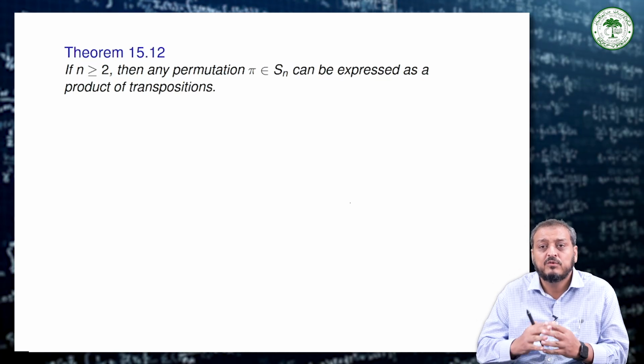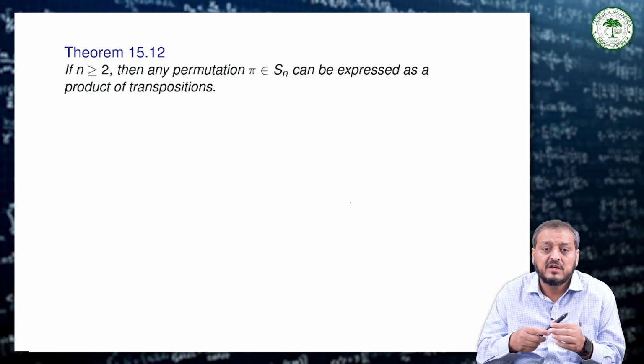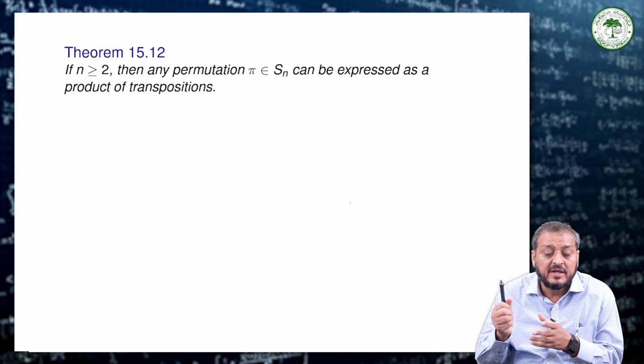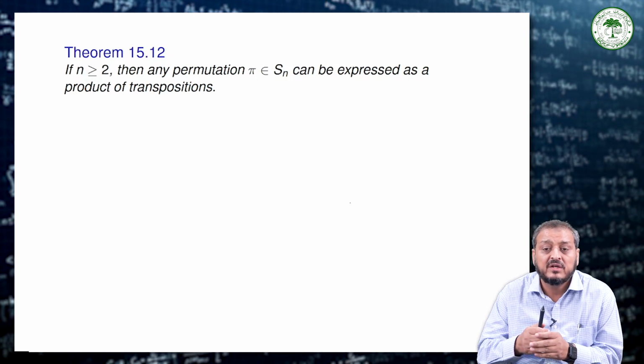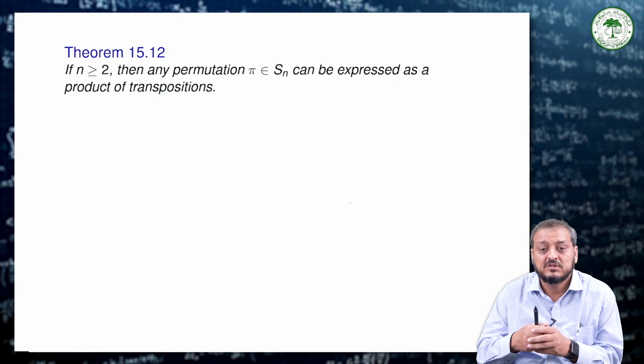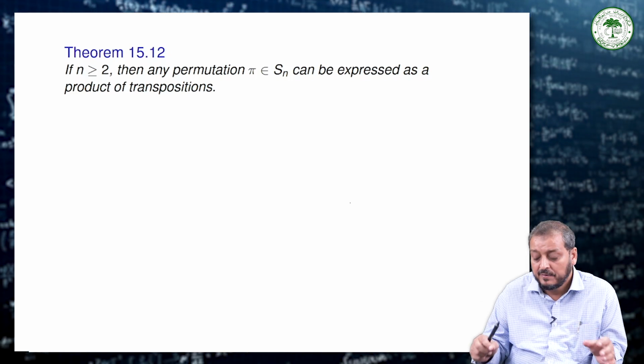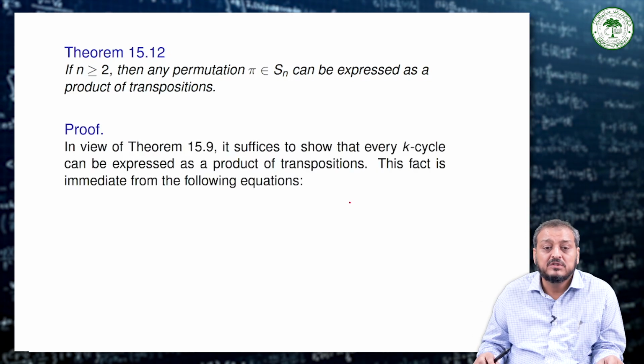We just proved that if n is greater than or equal to 2, then any permutation pi belonging to Sn can be expressed as a product of transpositions.